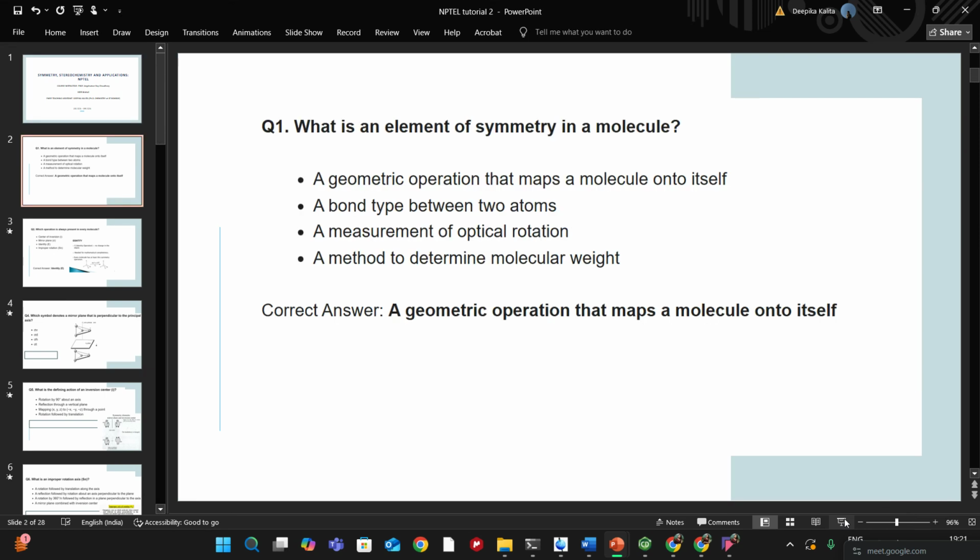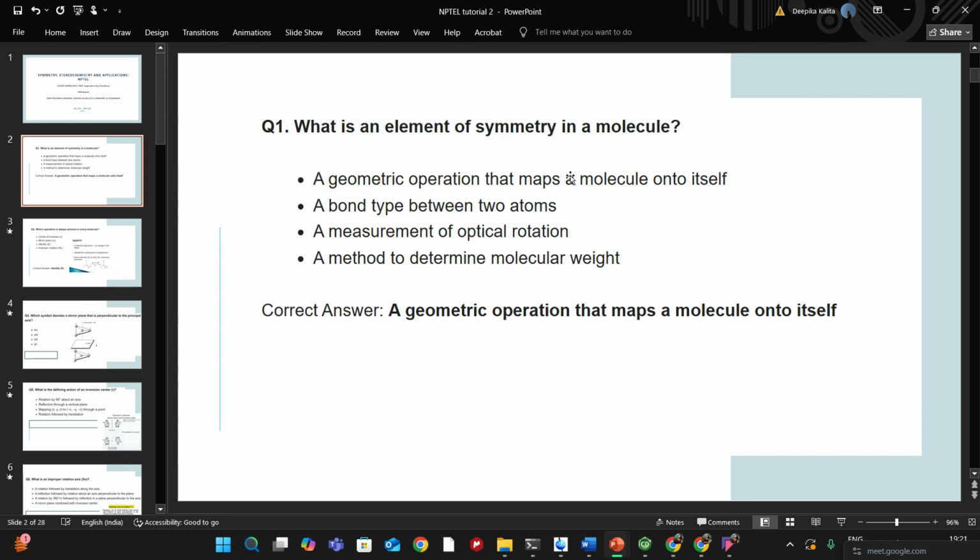So, let us start with simple questions first. The question goes, what is an element of symmetry in a molecule? So, 4 options are given. I hope not much explanation is required here. So a symmetry element in a molecule is basically a geometric operation that maps a molecule onto itself.